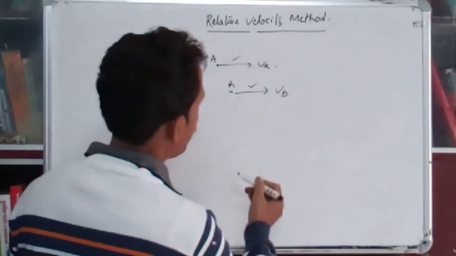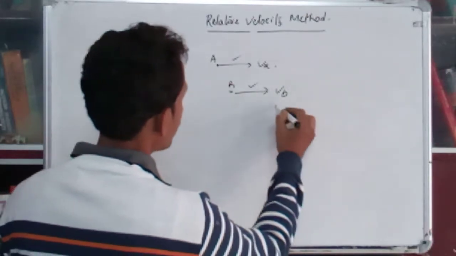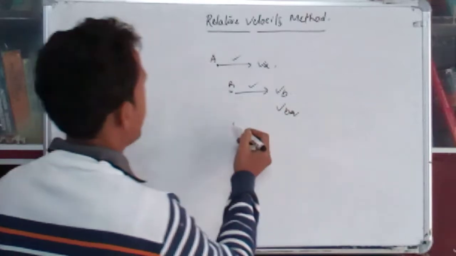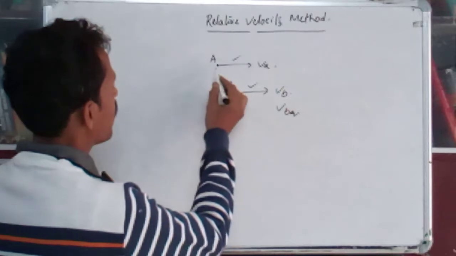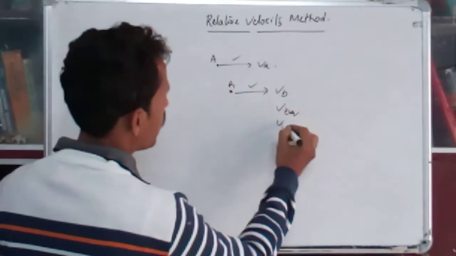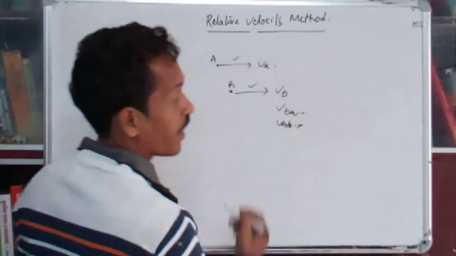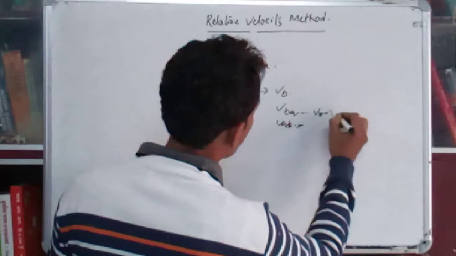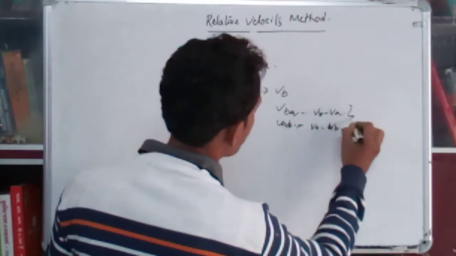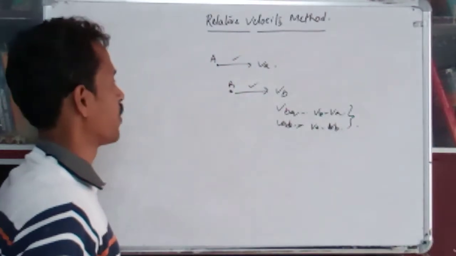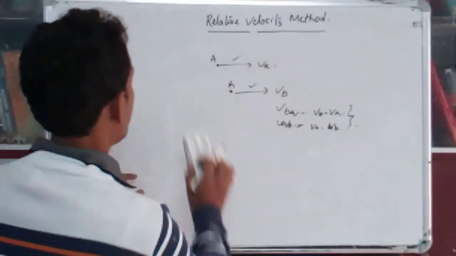Now if you find the relative velocity, it will be VBA, that means velocity of B with respect to A, or you can find the velocity of A with respect to B. VBA means VB minus VA, or VAB is VA minus VB. That is the relative velocity, and that method we will discuss here.